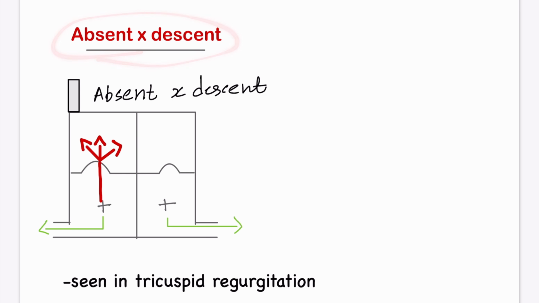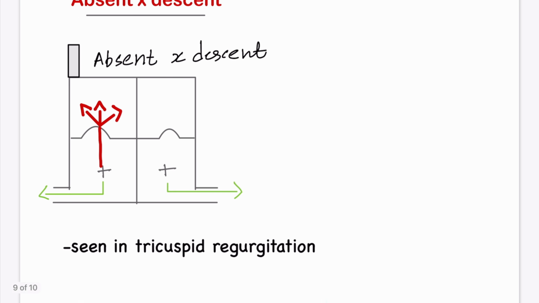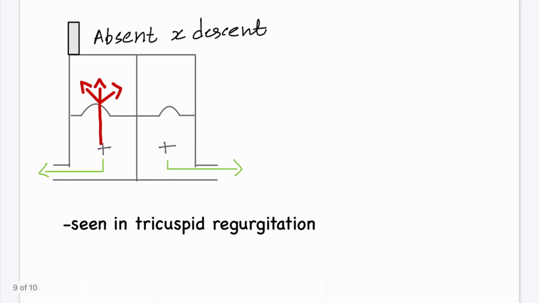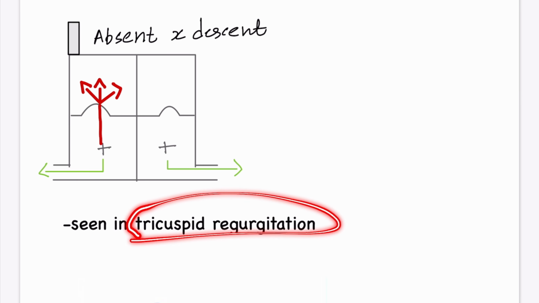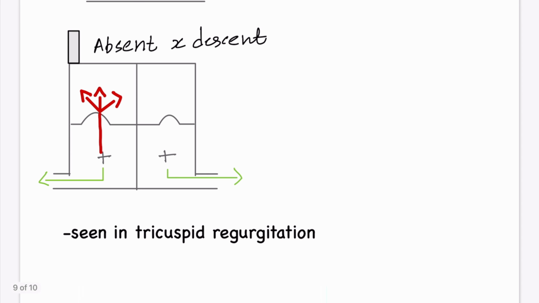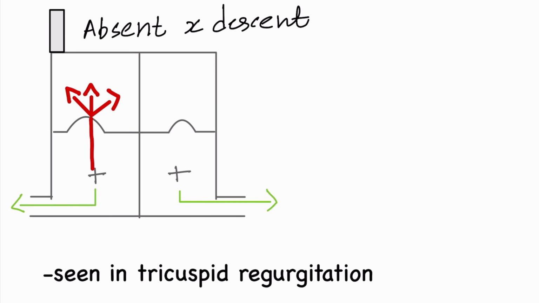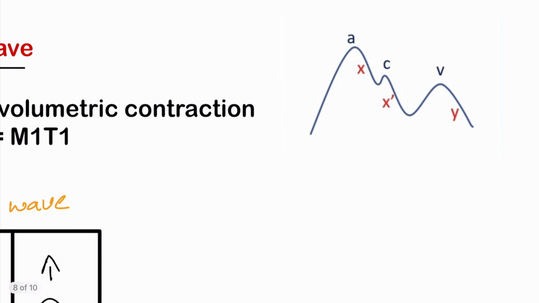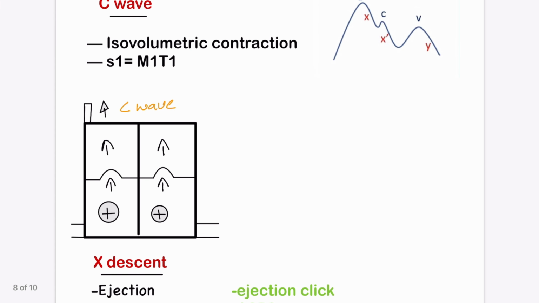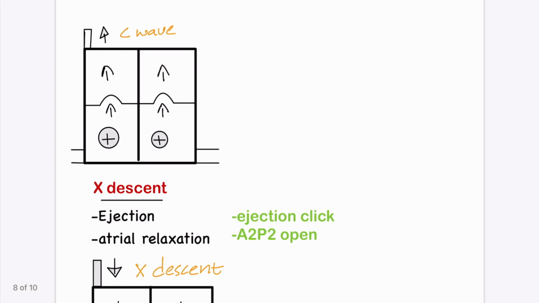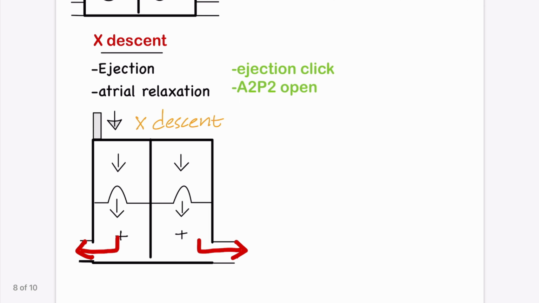Absent X descent. In which cases can you see absent X descent? It can be seen in tricuspid regurgitation. So what is tricuspid regurgitation? Tricuspid regurgitation is a condition in which the tricuspid valve does not close properly. So normally after the isovolumetric contraction, you have ejection phase, and during this ejection phase, this tricuspid valve should be closed and the mitral valve should also be closed.